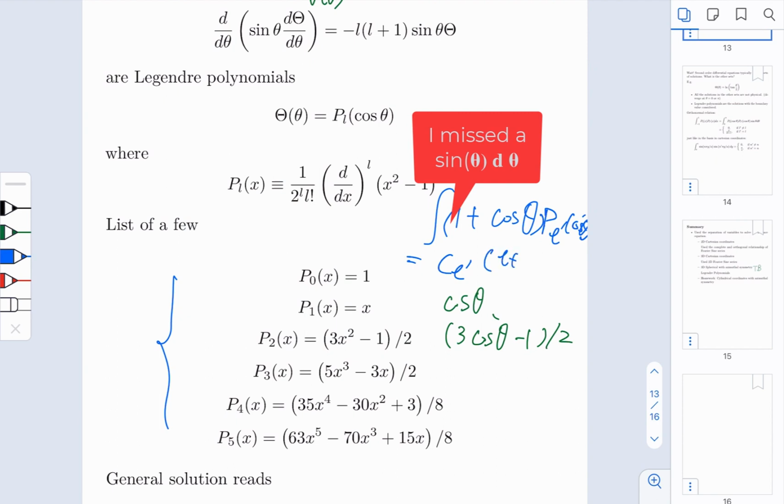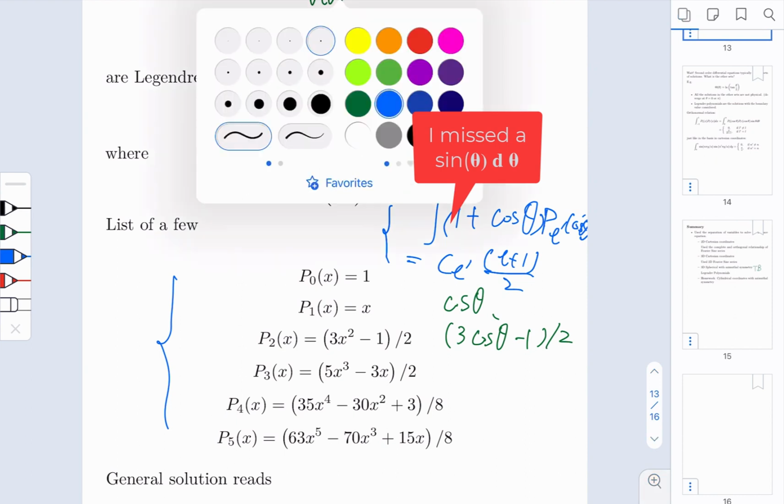There should be an (L+1)/2. Now in reality you don't need to actually do this, because you see that this involves the calculation of all these L', and what this does is really simply to find out what this function is composed of.